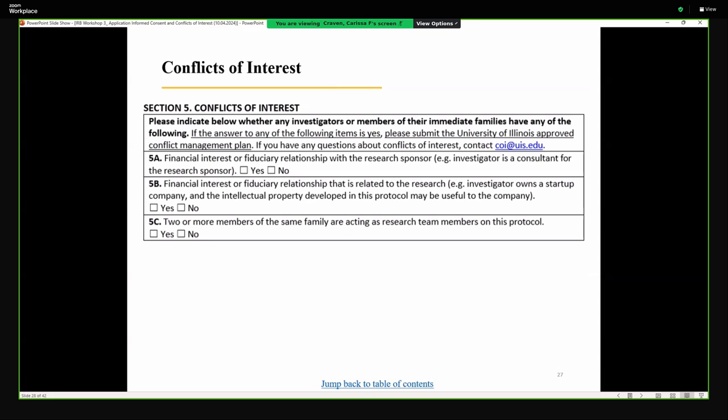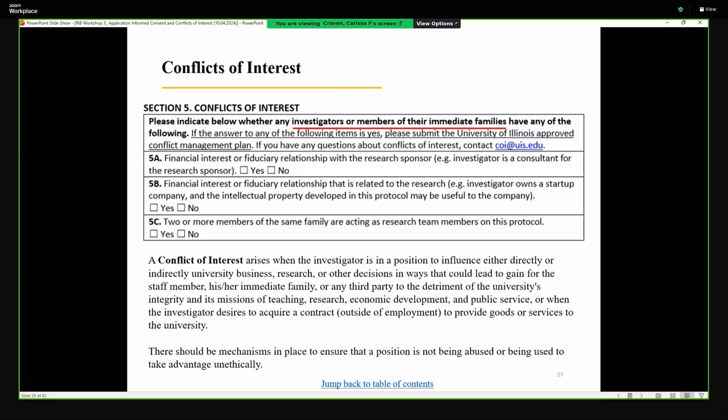And in some instances, when there are members of the same family on the research team, that could be something to be considered. And this does apply to the investigator and members of their immediate family. So that is something to take into account. So if you are in a position to influence university business, research, or other decisions that lead to gain for you or your family or a company that you are involved with, that could negatively impact the university's mission or its integrity.